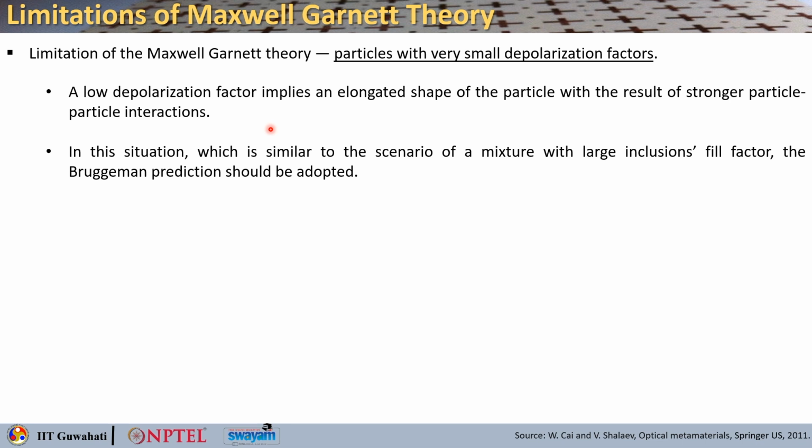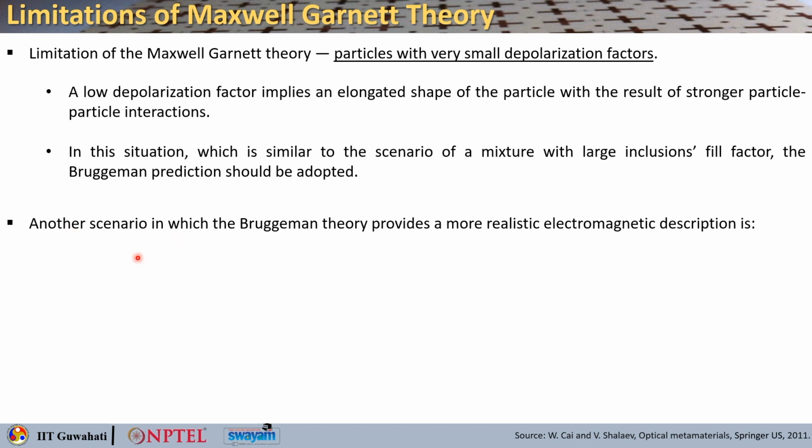Now, this is what you do not want, you actually do not want your local electric field, E_L, to be very different from the average electric field, right. So, in such a scenario, which is similar to the case of a mixture of large inclusions fill factor, you can go for the Bruggeman prediction, right. So, whenever Maxwell-Garnett theory will not be sufficient, you can go for the Bruggeman method.